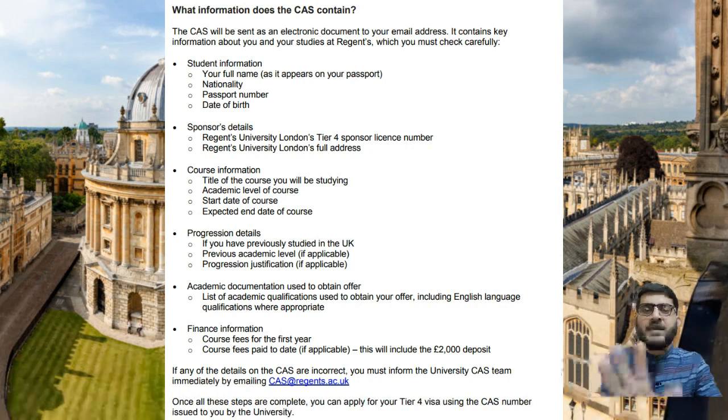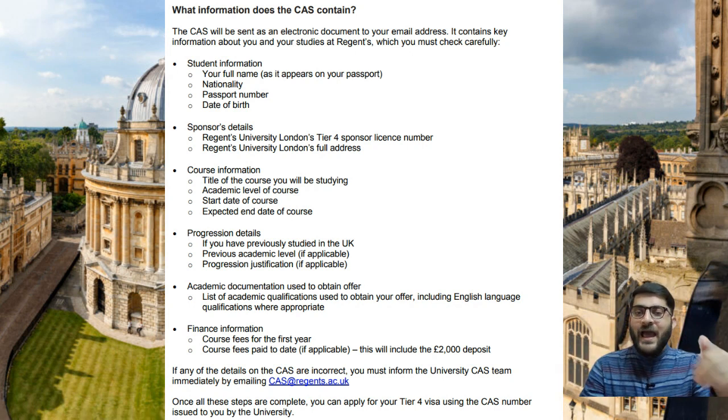The terminology may vary here and there, but these are the basic information: the student information, sponsor information, course information, the progression or previous history, academic documentation used to secure your admission, and the sixth is the finance information about your fees. So these are the common fields given in the CAS. I'll show you one example also. Just be here.